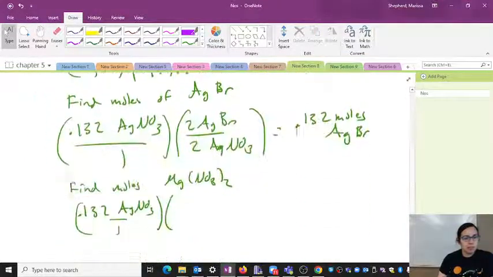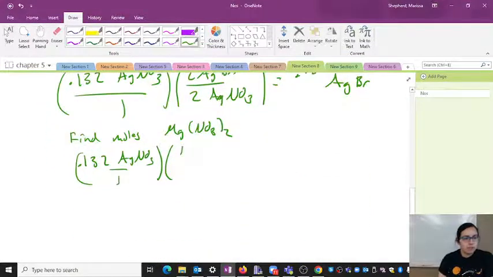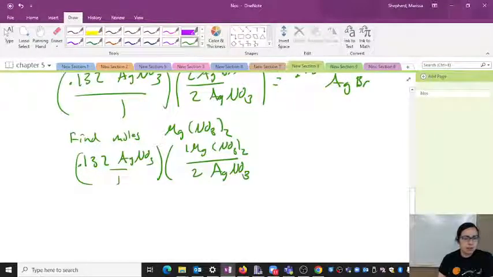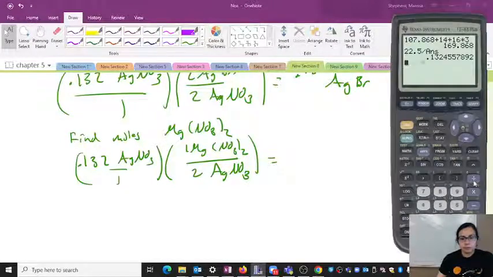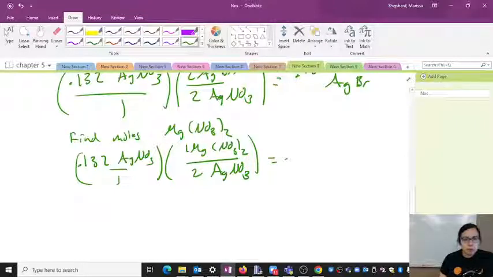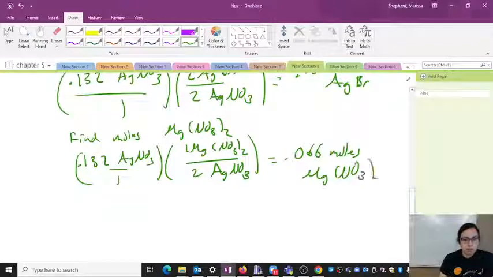So we only get half. So 1 mole of magnesium nitrate is equal to 2 of silver nitrate. So I'll just divide that by 2. So we would have made 0.066 moles of our other product.